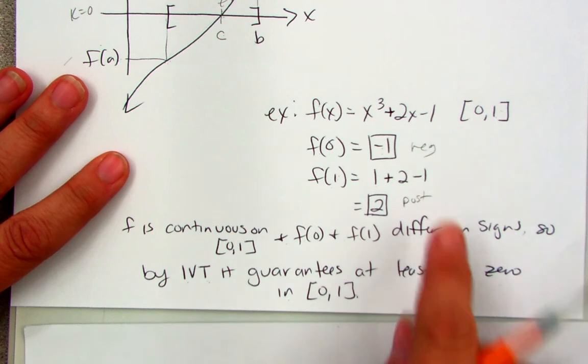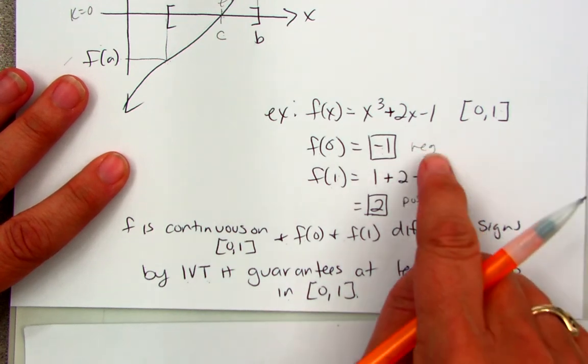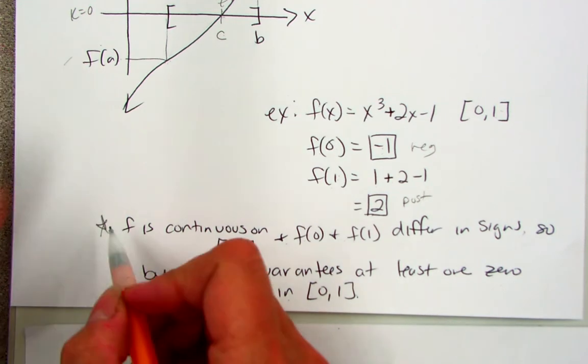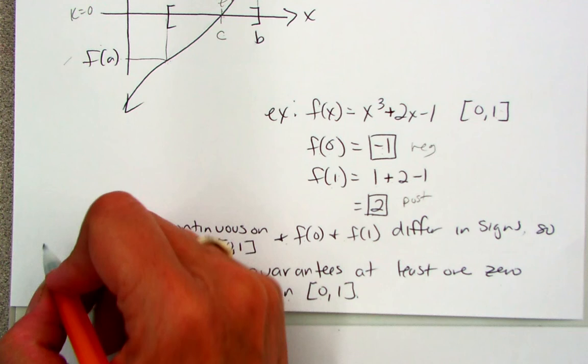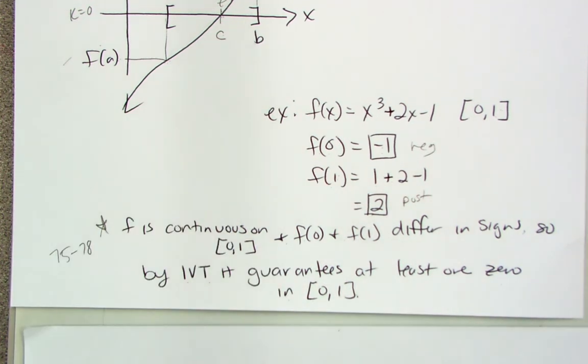It's the only way you can get from a negative output to a positive output, or a positive output to a negative output. And what I also demonstrated here is how to write the answers in the homework for numbers 75 through 78, because it's going to ask you to use the intermediate value theorem to find the zeros. Thank you.